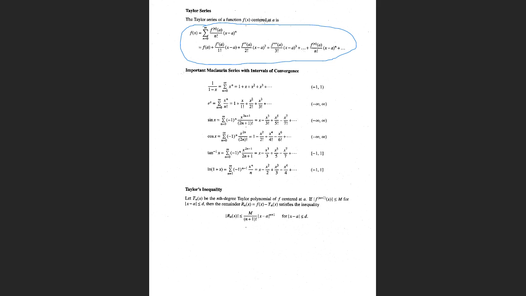Although we're only looking for T2, the second degree Taylor polynomial, so we would only be computing the first 3 terms, right? In those terms, you have the function evaluated at a, then the second term has the first derivative evaluated at a, and the third term has the second derivative evaluated at a. So to make the computation of those derivatives easy, we need to pick a nice value of a. Okay, so a equals 8 is a good value.